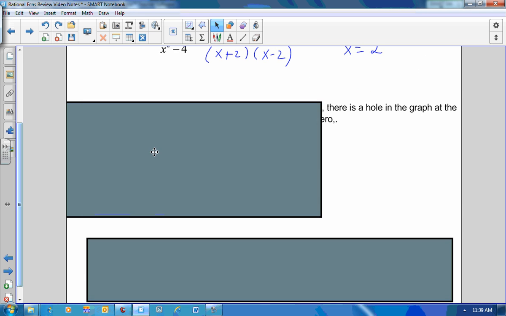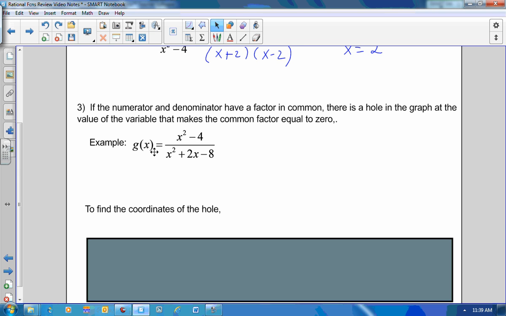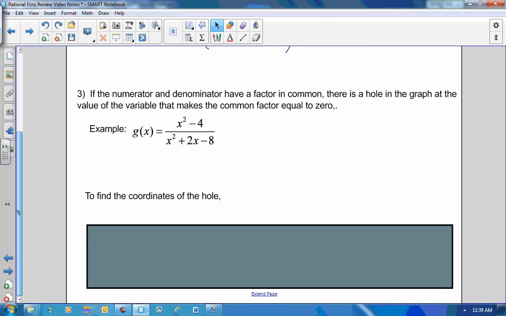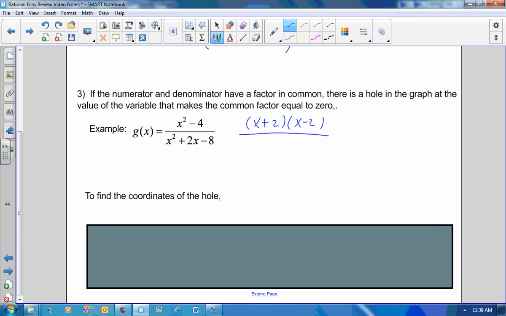Okay, so our next point was if the numerator and denominator have a factor in common, there's a hole in the graph at the value of the variable that makes the common factor equal to 0. So here the numerator is x plus 2, quantity x minus 2. The denominator, we end up with x plus 4 times the quantity x minus 2. And we see that we have a common factor of x minus 2.